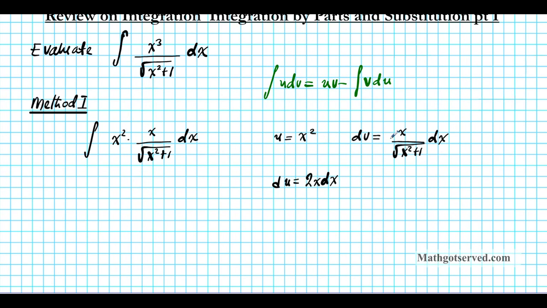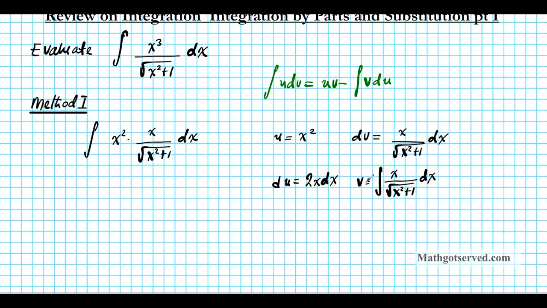Let's shift our attention to dv. In order to figure out what v is, I will have to find the antiderivative of this side of the equation. So v basically is the antiderivative of x divided by the square root of x squared plus 1 dx.